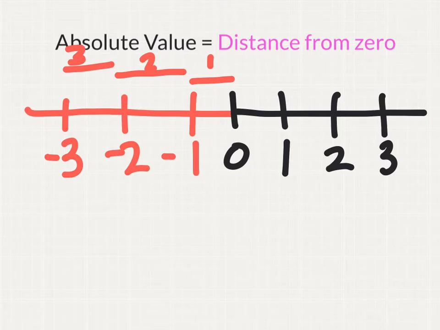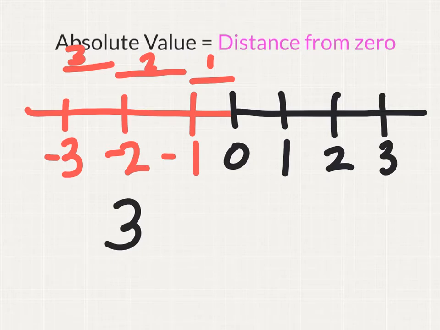So the distance from 0 of the integer -3 is 3. 3 moves, 3 steps from 0 is -3.